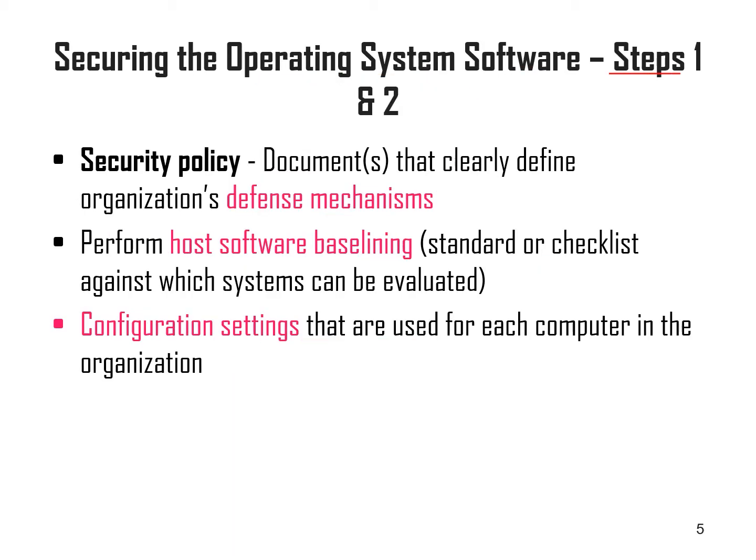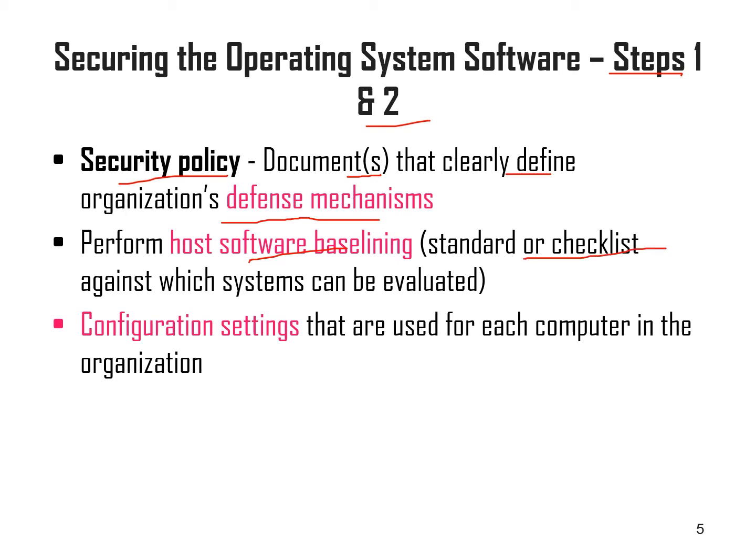So what are the first and second steps combined? We can have a look here. Security policies: what are security policies? Documents that clearly define the organization's defense mechanisms. As I said earlier, each and every organization and institution has its own security policies, represented in the form of documents that clearly define the organization's defense mechanisms. The second step, which we studied in the previous slide, is the host software baseline.